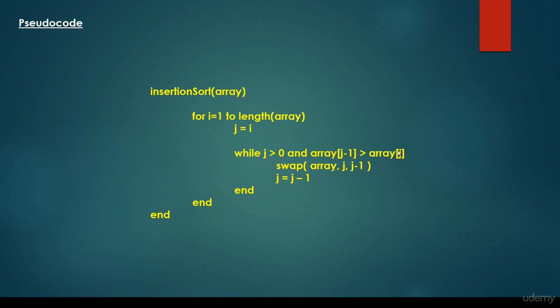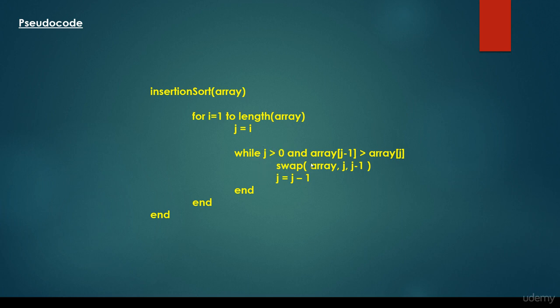That the item before the j index is greater than the value at the j index, then we swap the two. So we keep swapping array[j] and array[j minus 1], and we keep decrementing the value of j. And it is a while loop, so we keep doing that while j is greater than 0.